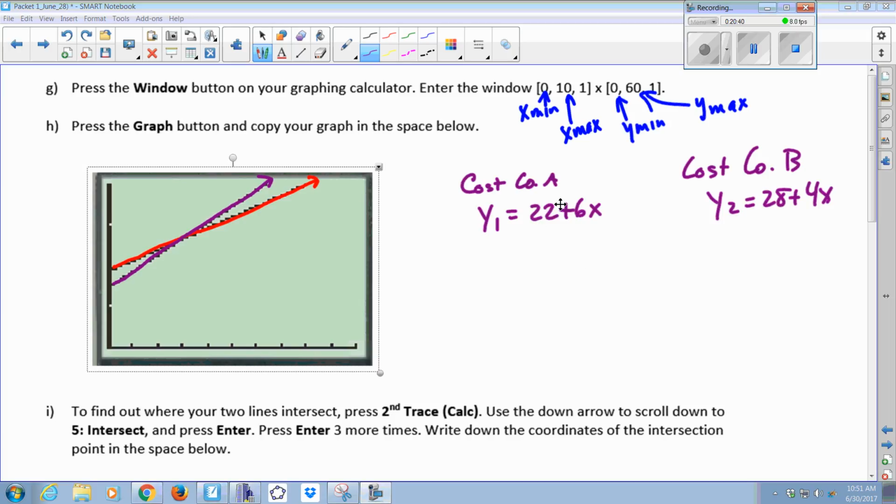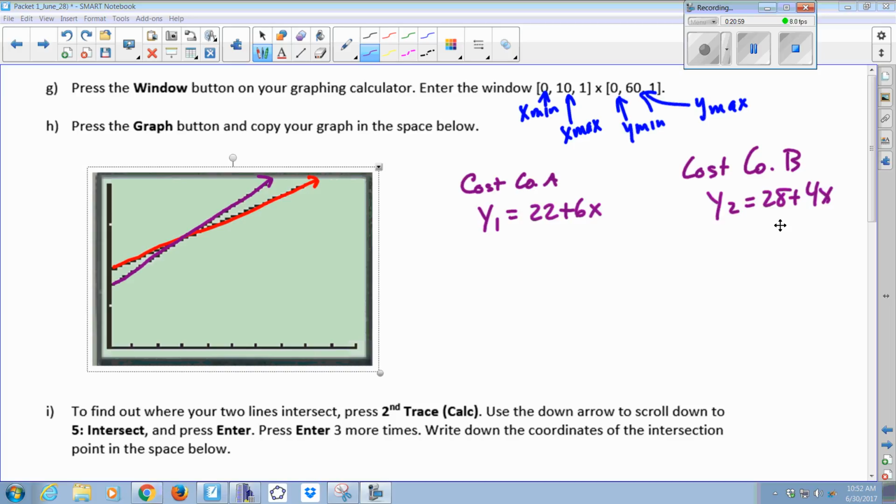If you remember some stuff about plotting lines, you know that your constant value here, 22 and 28, represents the y-intercept, because when x is 0 in this first equation, y1 is 22, and in the second equation, when x is 0, y2 is 28.